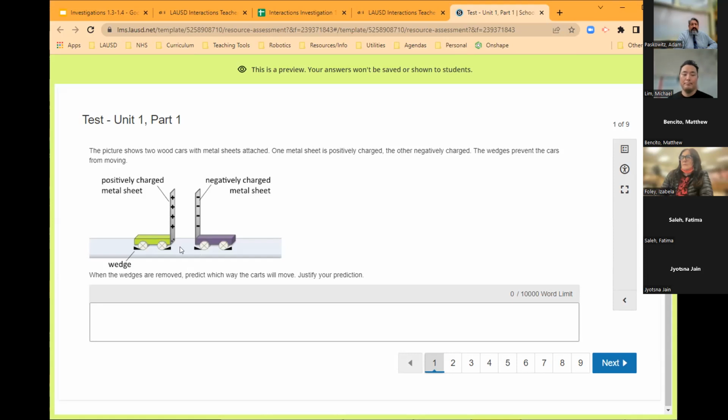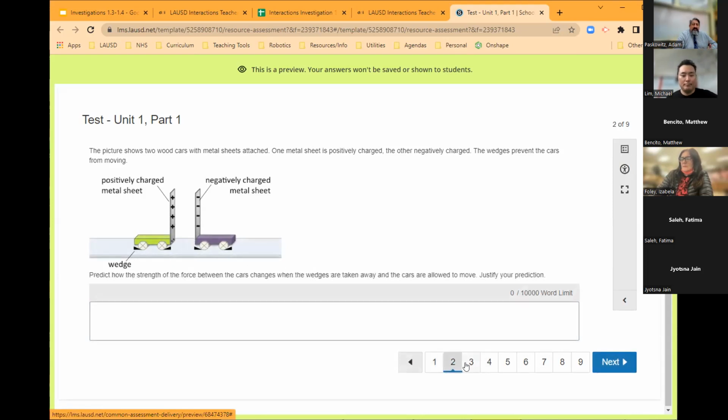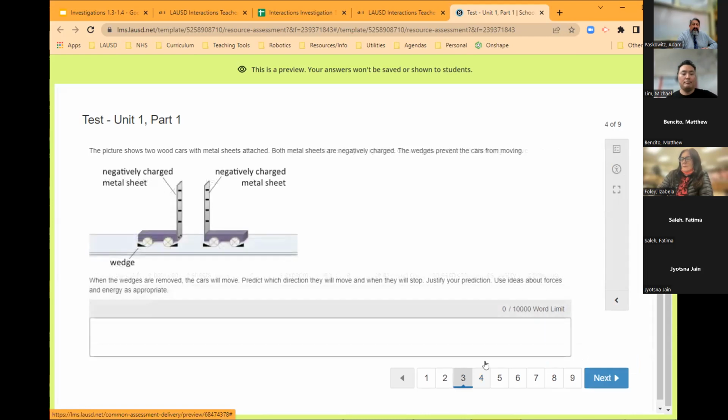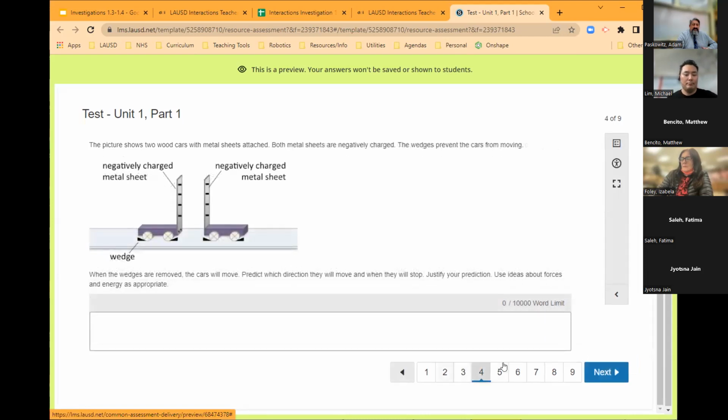What's going to happen when you pull the wedges out that are holding the wheels in place? Well, if a student understands that opposite charges attract and like charges repel, they're going to be able to answer this, that the cars will move toward each other. But they're not just reproducing what they've seen in the lesson themselves.